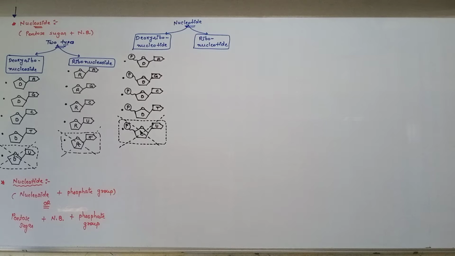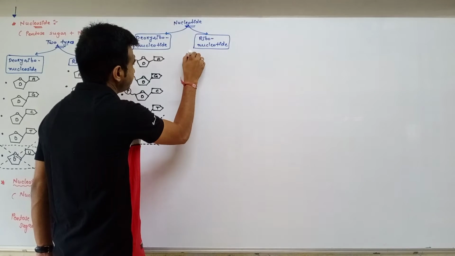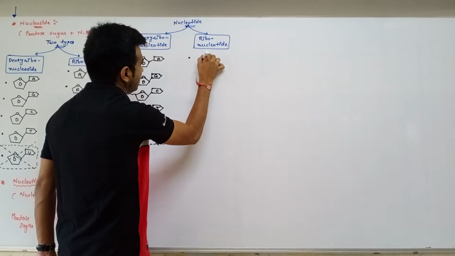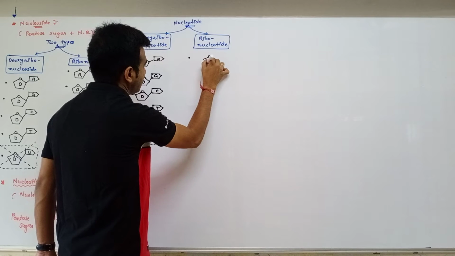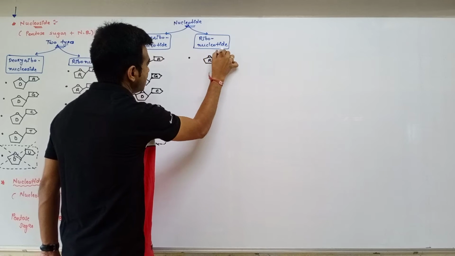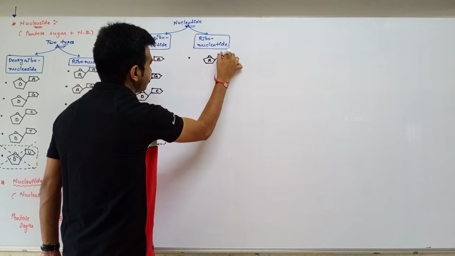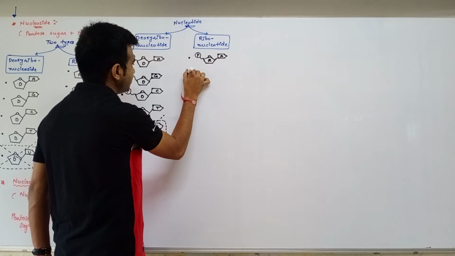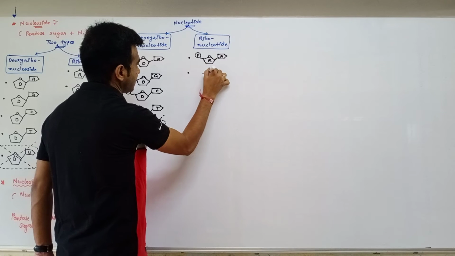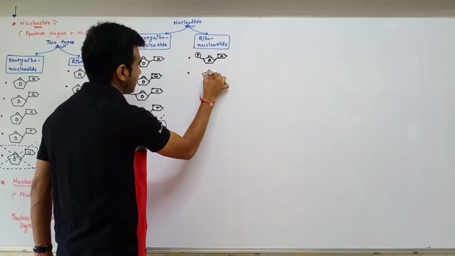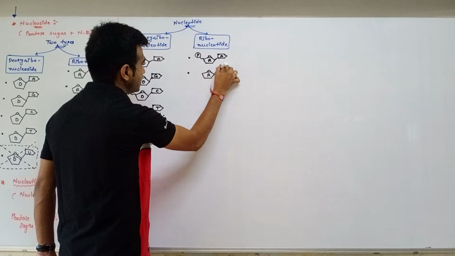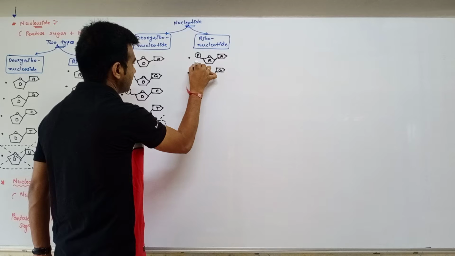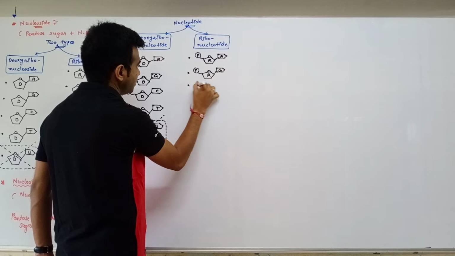Fine. Now in the same way, ribonucleotide: ribose sugar with adenine, and here the fifth carbon phosphate group. Ribose sugar, guanine, phosphate group.